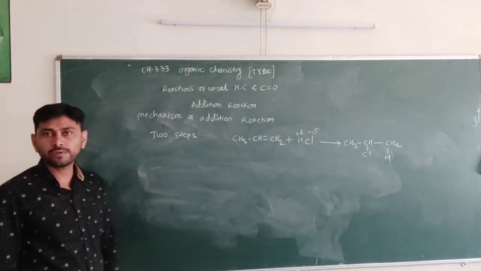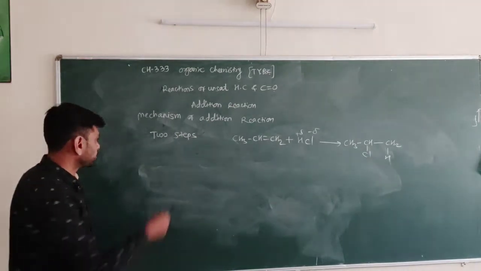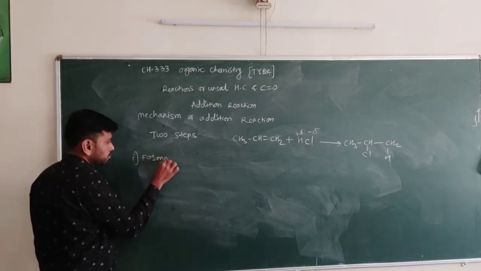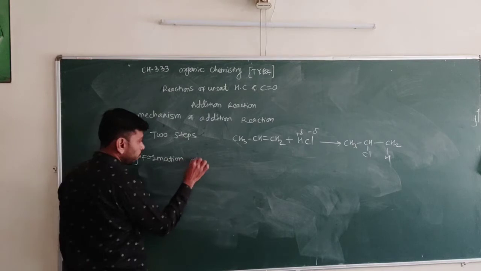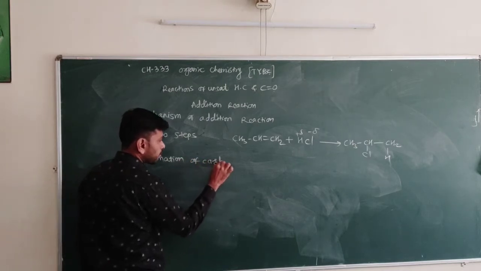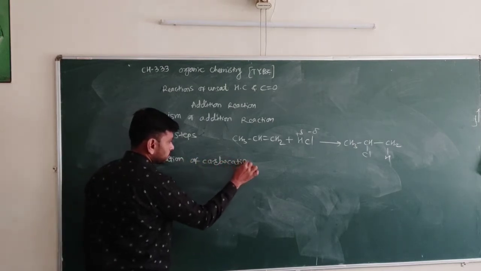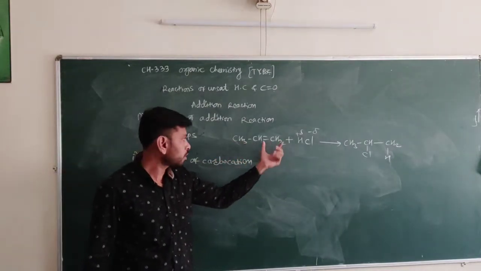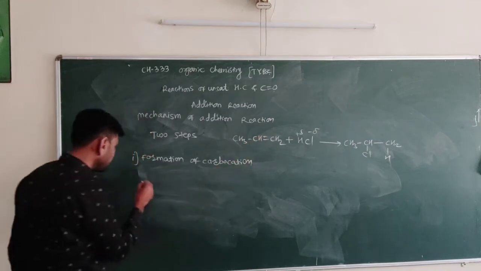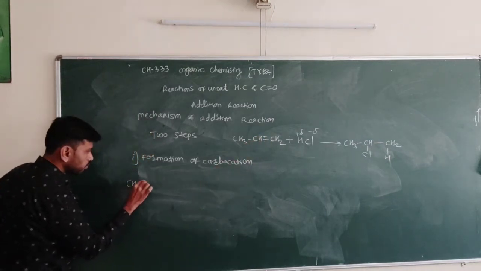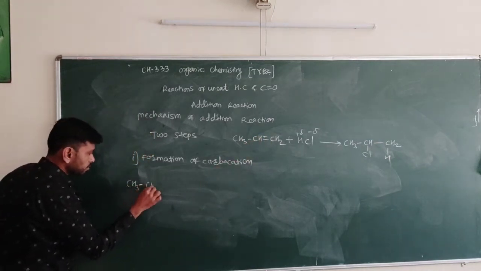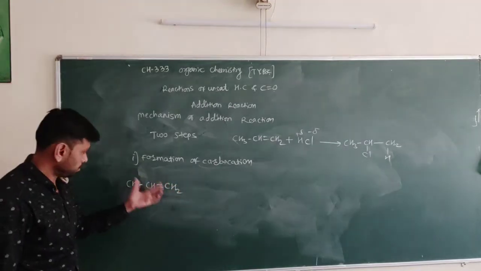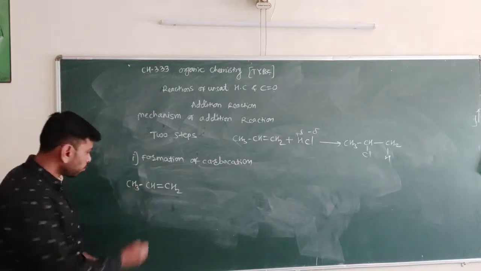So the mechanism of addition reaction is a two-step reaction. The first step is the formation of carbocation. See how carbocation formation takes place here. CH3CH=CH2, we have taken a simple unsaturated system, propylene.